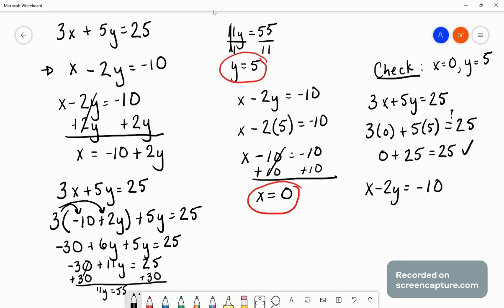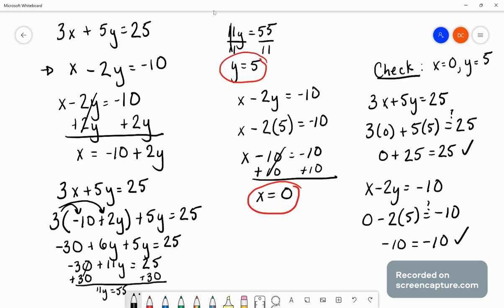And our x was 0 minus 2 times 5. Does that equal -10? Well, 0 goes away, right? And -2 times +5 is going to give us -10. So -10 equals -10. So our answer of x equals 0 and y equals 5 worked in both of our equations. So we are correct.